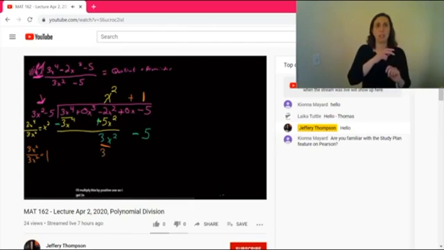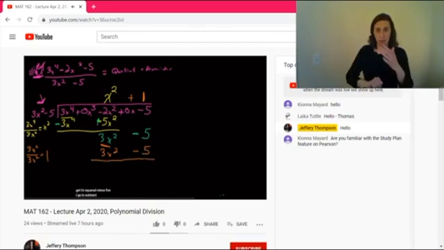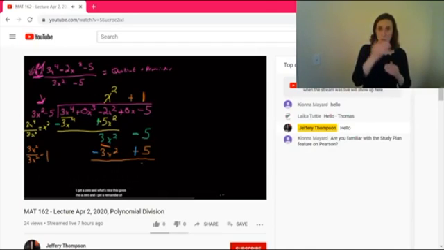So I get 3x squared minus 5. I go to subtract, so I change my signs. If I've done this portion right, the leading part should cancel out. I get a 0. And what's nice, this gives me a 0, and I get a remainder of 0. And so this is my answer. And I will transfer back to the pane.